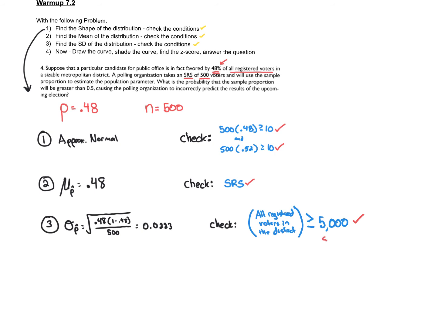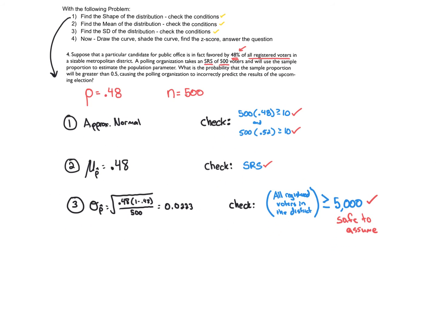I'm going to do this, but I'm also going to put the words safe to assume. Because we don't actually know for a fact, but I'm going to take some of my logical assumption making and assume that, yes, that can be done. So there it is. There's the first three. That is 7.2. We have claimed the shape, we know the center, and we know the spread.